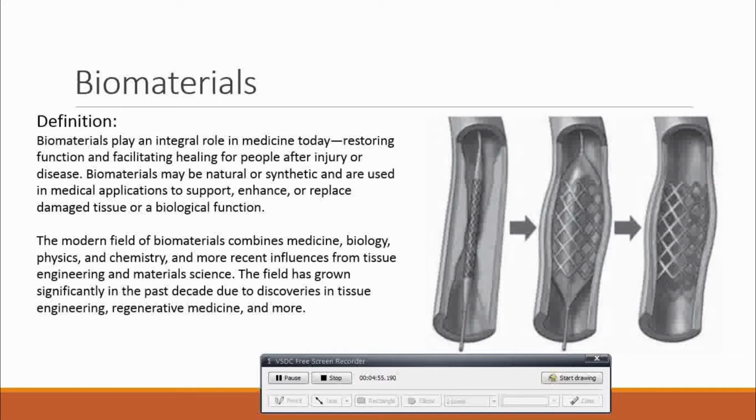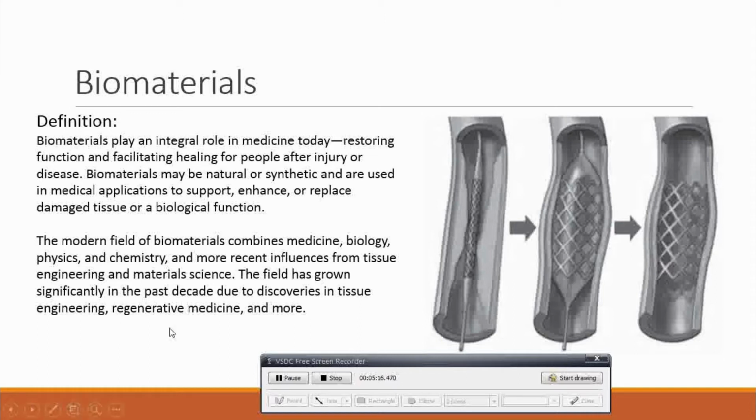So the modern field of biomaterials combines medicine, biology, physics, chemistry, and more recently the influence from tissue engineering, the topic we covered before, and material science. Okay, and this field has grown significantly in the past decade, due to tissue engineering.